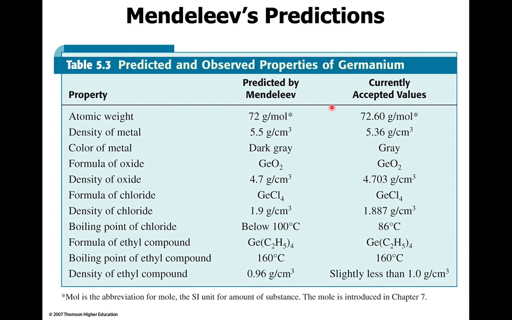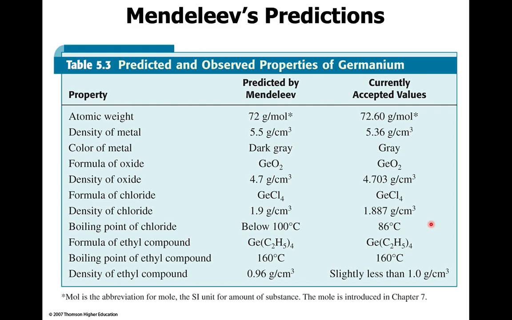Germanium wasn't discovered at the time that Mendeleev predicted the periodic table, and he came up with pretty close properties. He got the atomic weight pretty close, the density, the color, the formula of the compound when it formed an oxide, the density of the oxide, the formula when it reacted with chloride, the density of the chloride compound, and roughly predicted its boiling point.